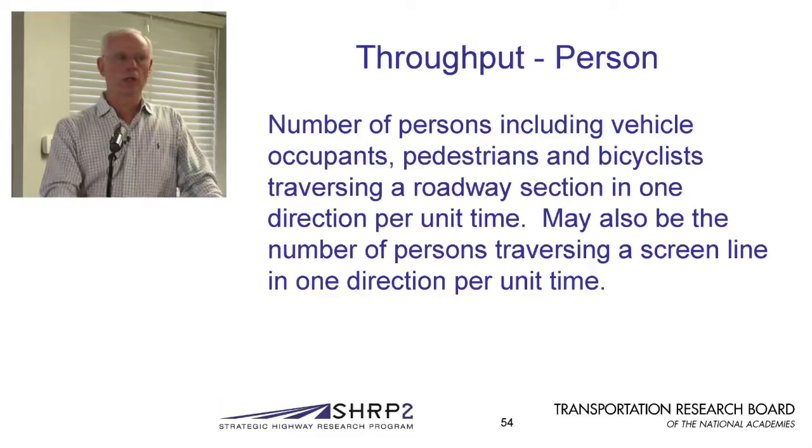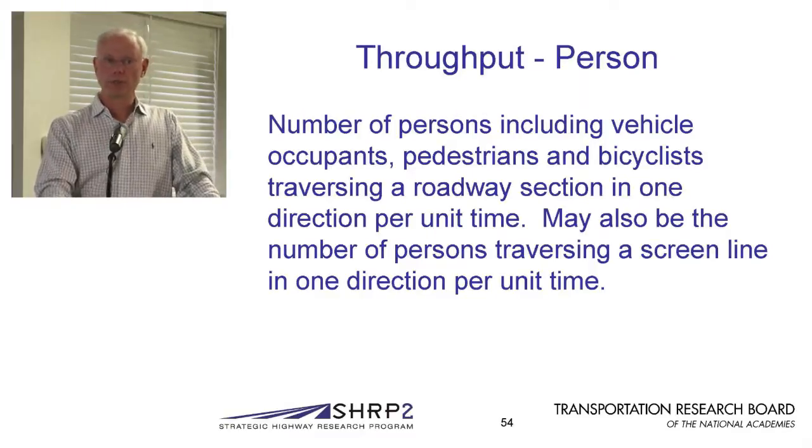Throughput is important. It's one thing to count the number of vehicles, which you'll see on that slide, but probably more important from a TSM&O perspective, because probably throughout our careers at some point we've all issued the words that transportation is about moving people and goods. And so looking at throughput from a person aspect we think is really important, and it also brings into play some of the things referred to on the slide, dealing with transit strategies, thinking about pedestrians, thinking about bicyclists, and those kinds of things.